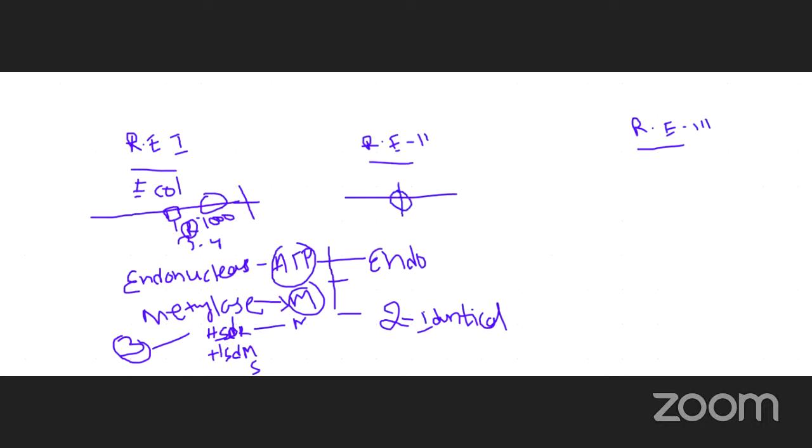That is different. And this endonuclease activity does not utilize ATP. Here ATP is utilized, but in type 2 ATP is not utilized to cut the genome. Instead of that, it utilizes magnesium 2 plus factors only.